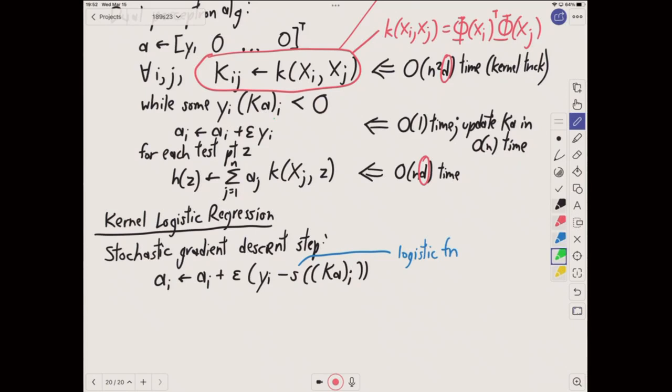And so again, if you compare this line of code in the perceptron algorithm with this line of code in stochastic gradient descent, the difference is just we've thrown in this logistic function here.